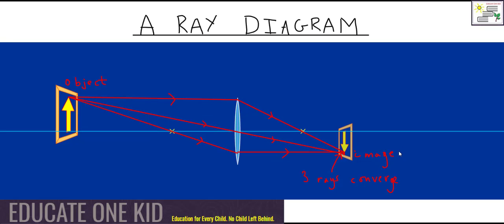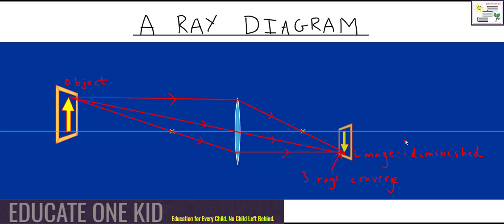Notice the following properties of the image. If you look at the size of the image, this arrow here, you will see that it's smaller than the size of the arrow in the object. Okay, so we say that the image is diminished. So it's smaller than the object.